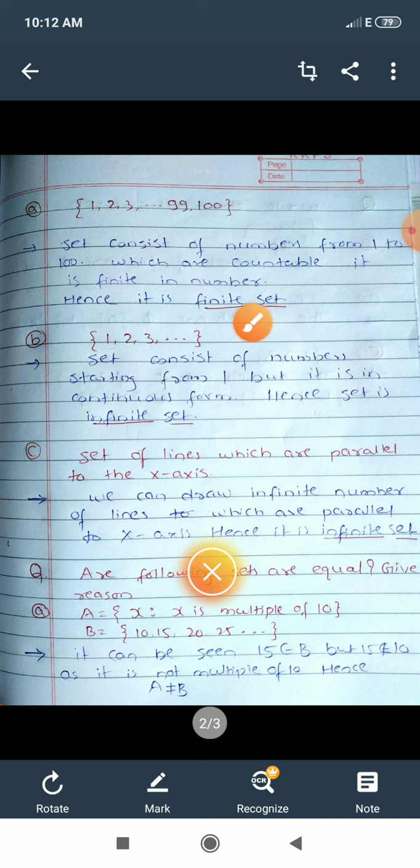Right. Moving on to next, this set consists of 1, 2, 3, continued. Now in this set, dear students, the numbers start from 1, but in a continuous form. Do we know what the last number in this set is?